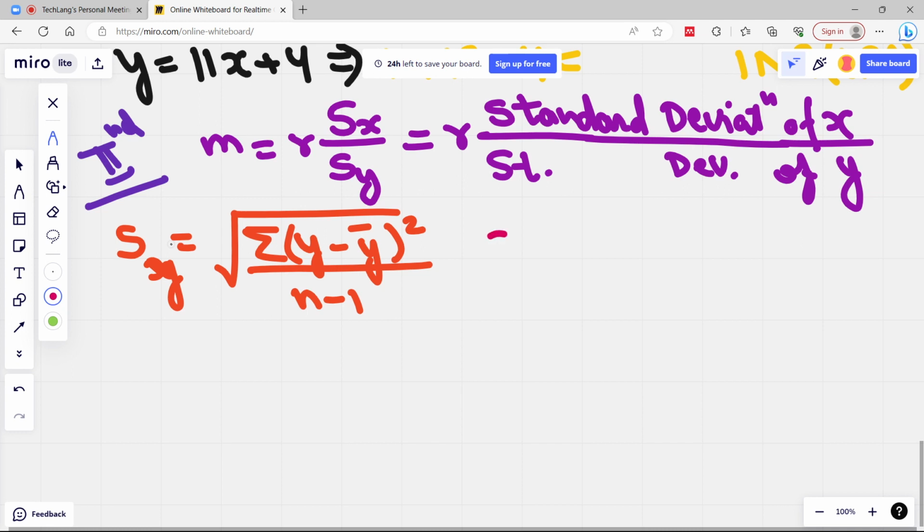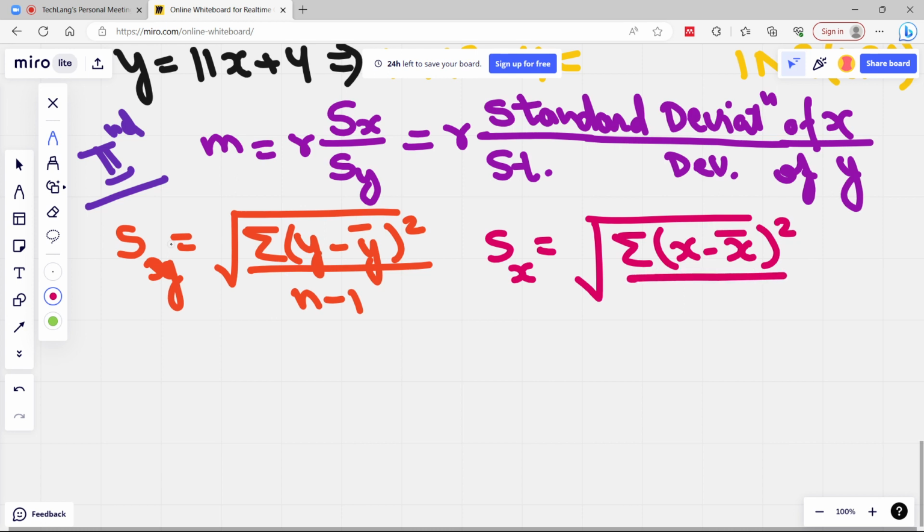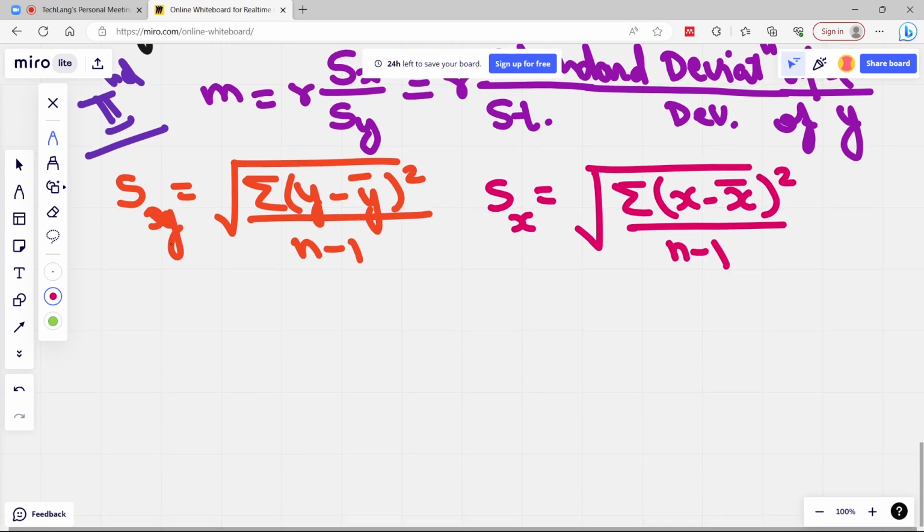When we go for S of x, this would be the square root of the summation of x minus x bar whole square upon n minus 1, which is the conventional standard deviation formula, where x bar is the mean value of x.